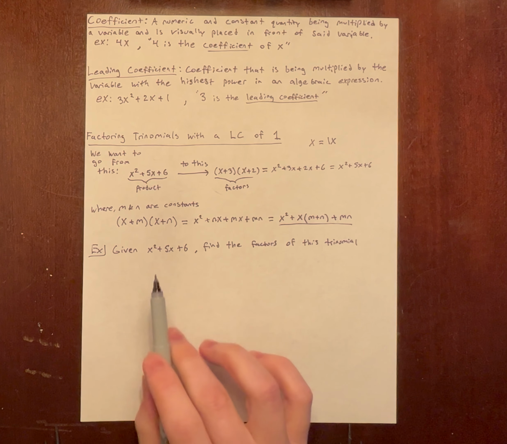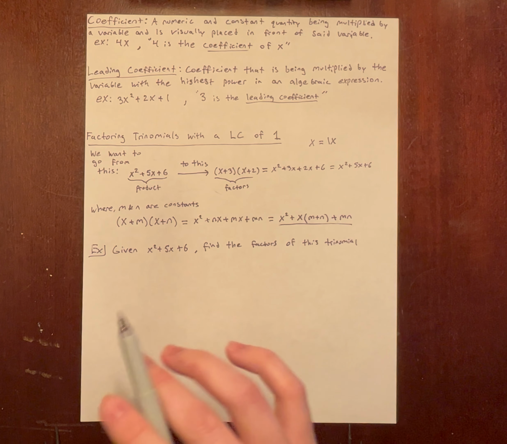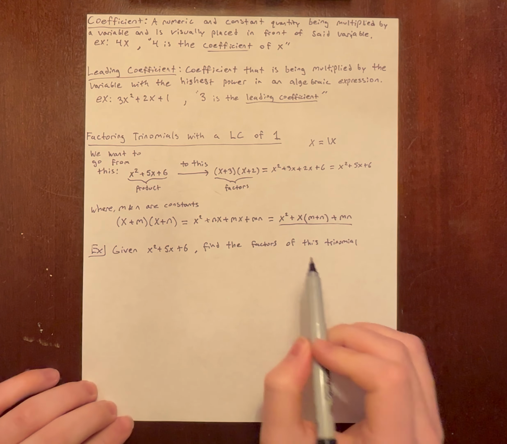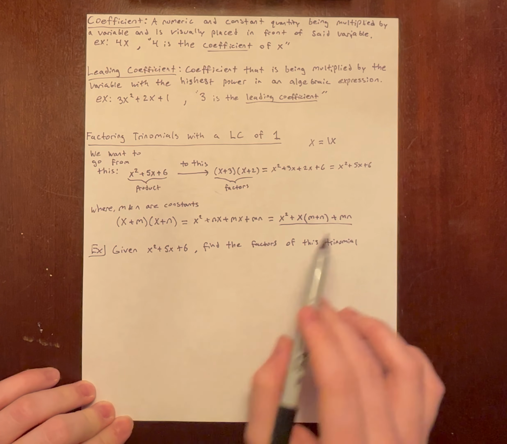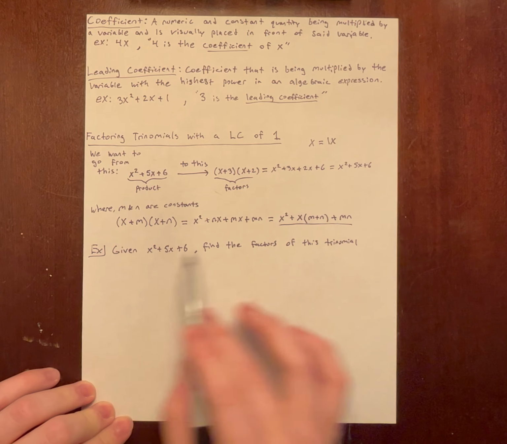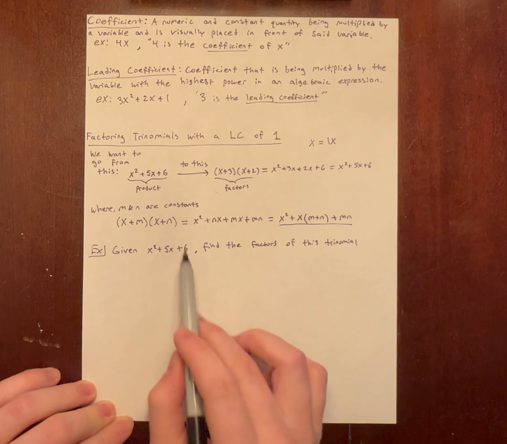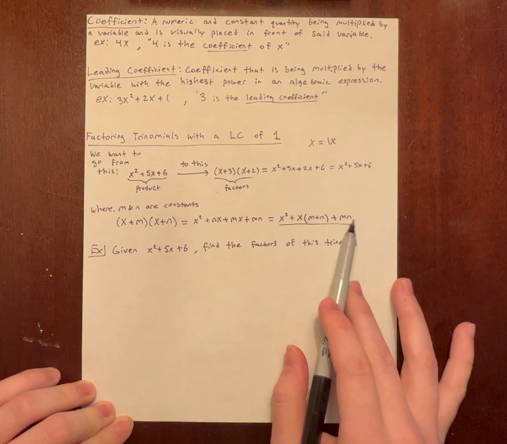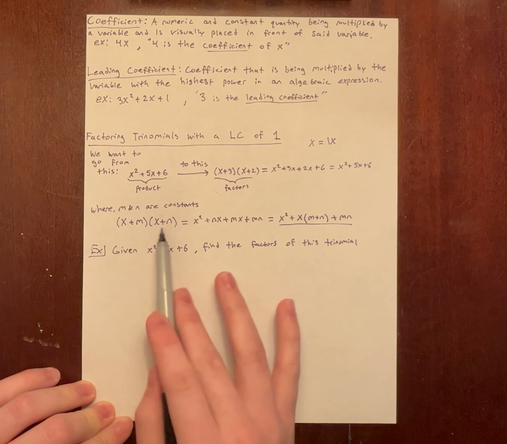So in this example, we're given a product, or just a trinomial, and we want to factor it. We want to find the factors of this. But I also know that this should be in the same form as this. So assuming that this is factorable and has factors, this will be in the same form as this, because we're assuming that the factors are in this form.